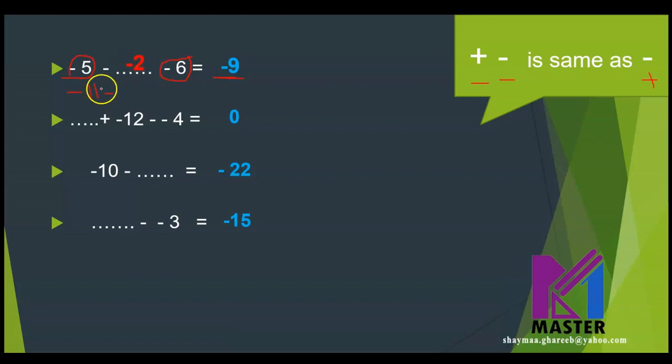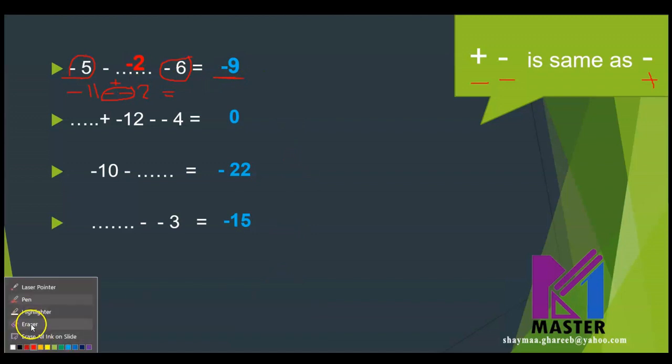So negative 11 minus negative 2 gives the negative 9. Let's check our answer, is it correct or not? Negative 11, I will change these together to be plus. So negative 11 plus 2 gives negative 9, of course. So my answer is correct. Okay.